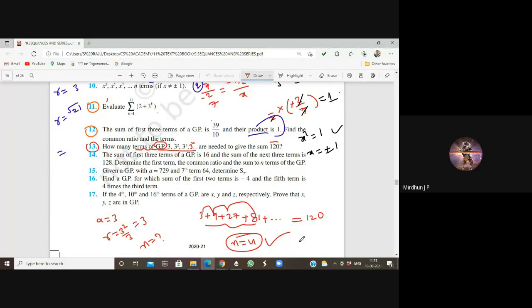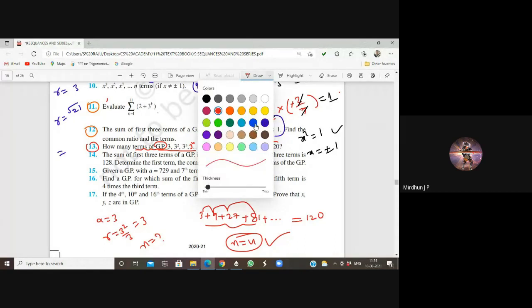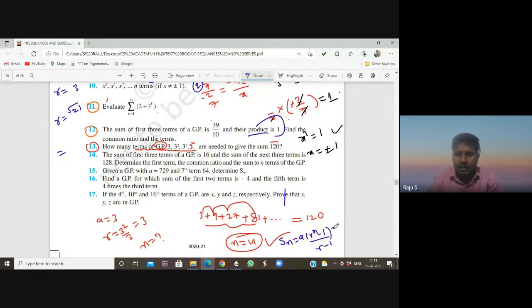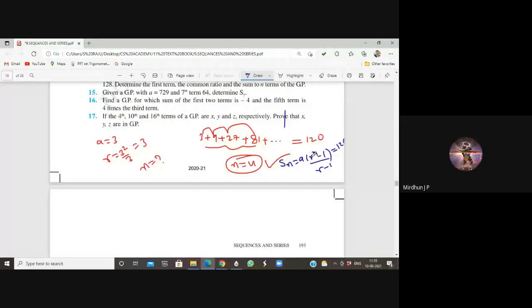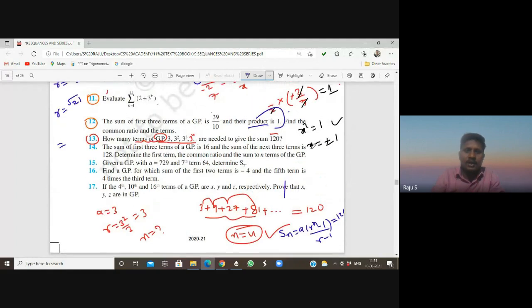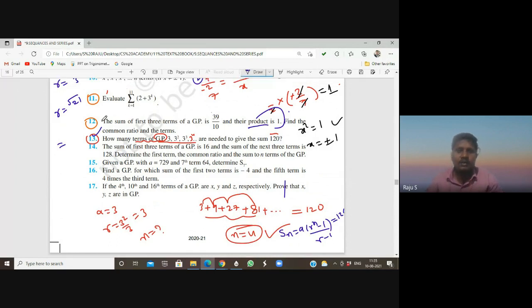R is greater than 1, so Sn is equal to A into R power n minus 1 by R minus 1, and this is equated to 120. Substitute the A value and R value, and you will get the n value directly. Is it clear, students? Right. So question number 13, I'm giving as homework.